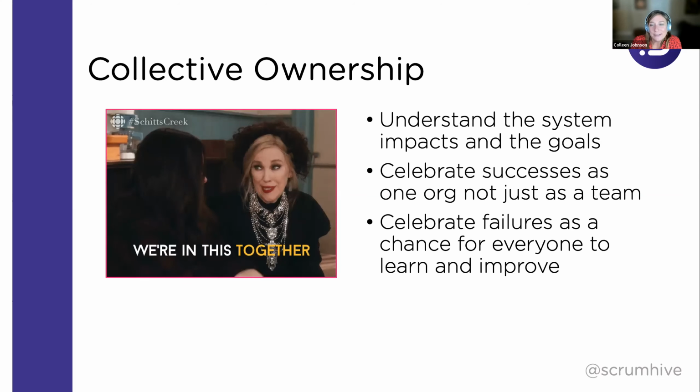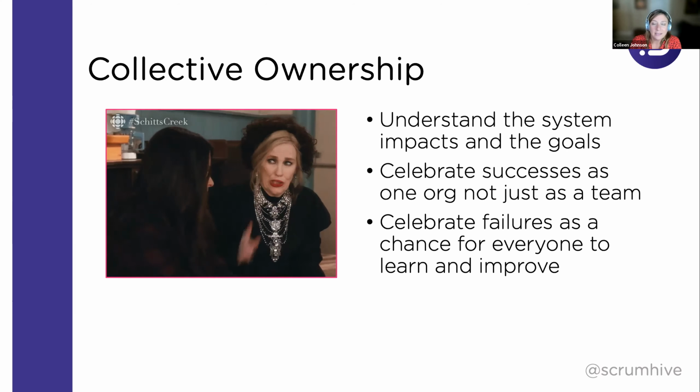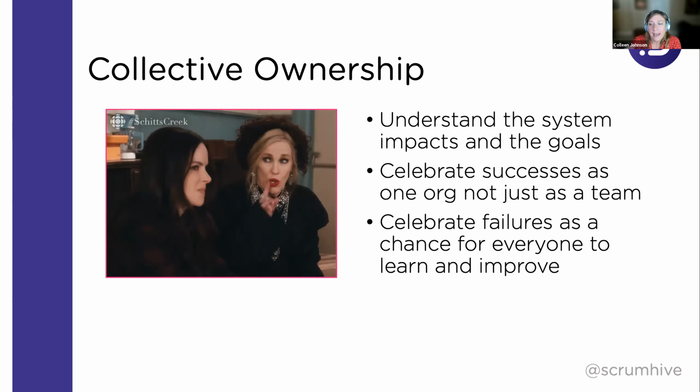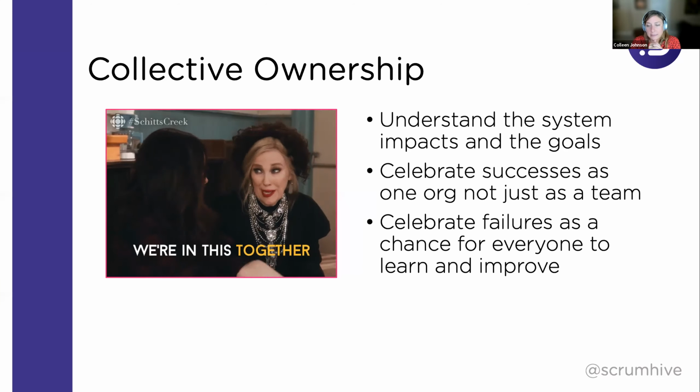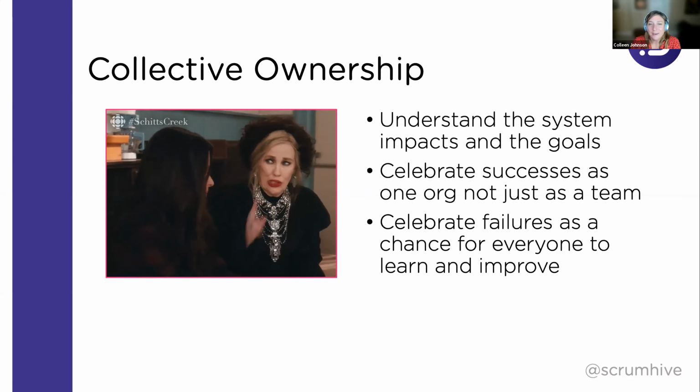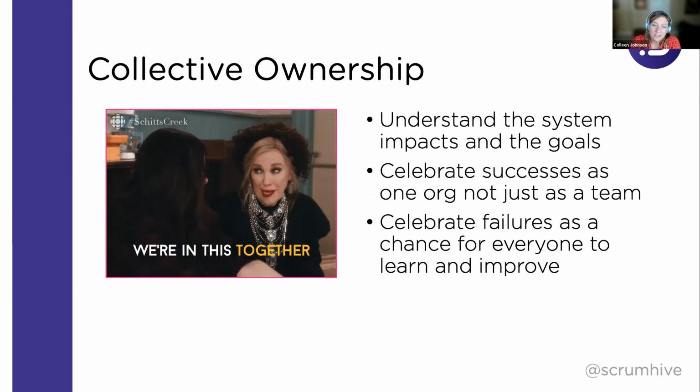This is a great opportunity to talk through how do we improve this together, and what impact does that issue have on other parts of the business? And then this helps bring everyone together, right? Then you're celebrating your successes, you're celebrating improvements all together, and not just as one small team.